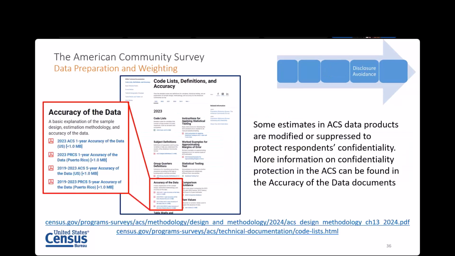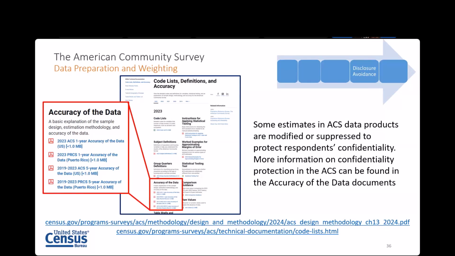Moving right along, disclosure avoidance is a crucial part of the process in the ACS data preparation to ensure that respondent confidentiality is protected. This means that some data products are modified or suppressed. For example, one disclosure avoidance technique involves selecting a sample of households and matching on a set of selected key variables with households in neighboring geographic areas that have similar characteristics, such as same number of adults and same number of children.